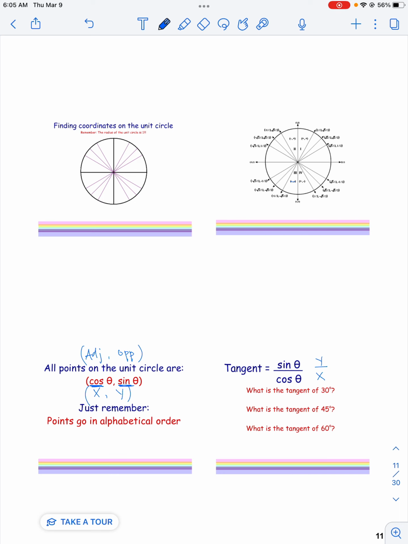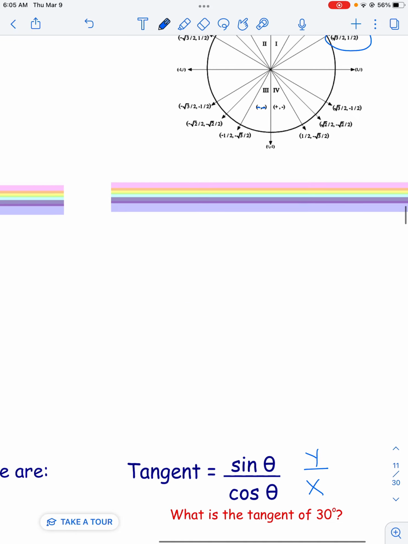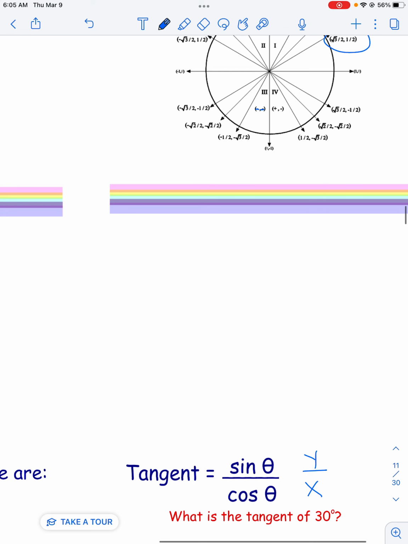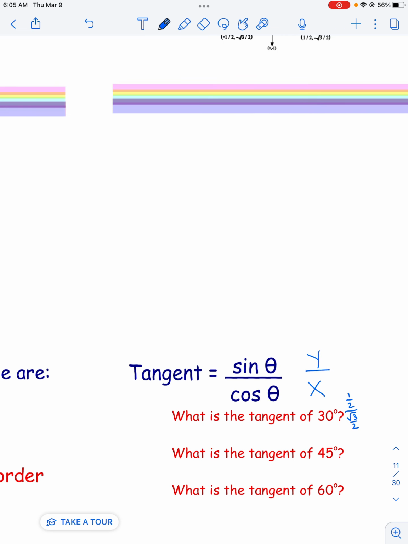So the tangent at 30 degrees, well, up here at 30 degrees, my point is square root of 3 over 2, comma, 1/2. So if I think about that as a ratio of the y value over the x value, then I get 1/2 over the square root of 3 over 2.